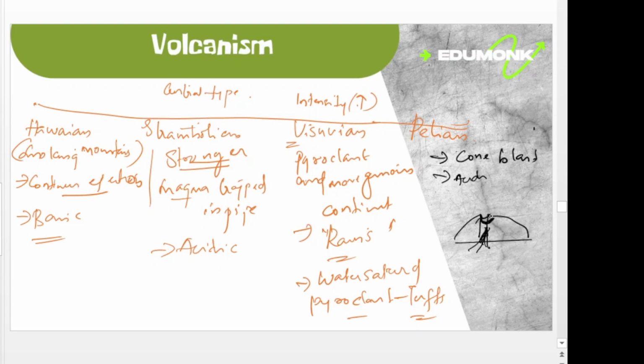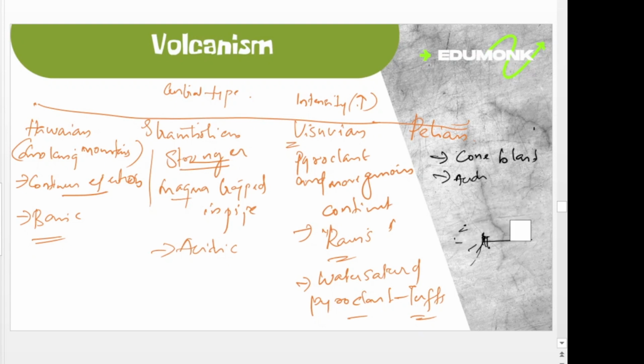In this crater, over time, debris and water get deposited, and at the time of magma ejection, very fast this cone is blown off. That's known as cone blast.